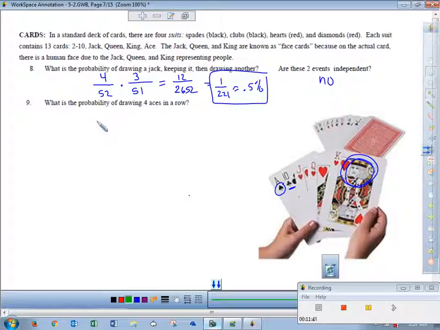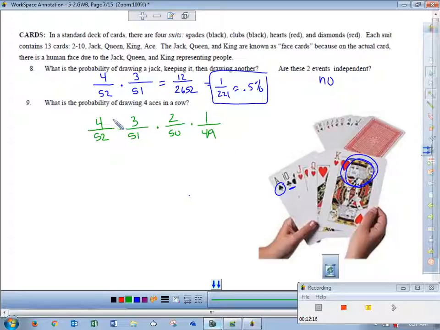So drawing 4 aces in a row, there are 4 total aces in the deck, and there are 52 cards. Now there are 3 aces left out of 51 cards. Now there are 2 aces left out of 50 cards, and 1 ace left out of 49 cards.